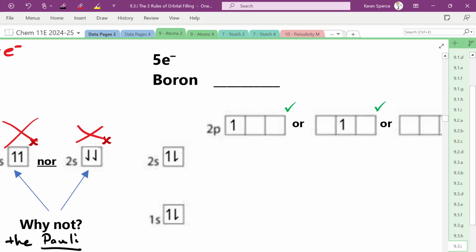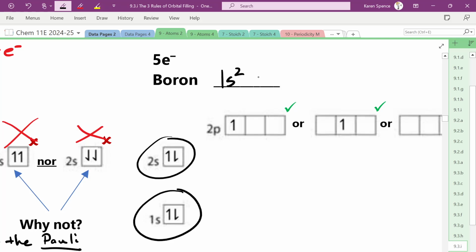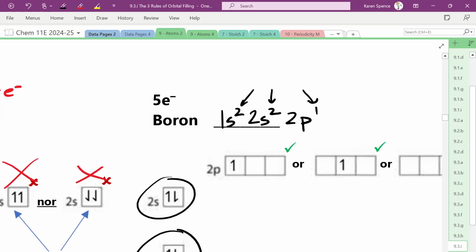Okay, boron. What is the electron configuration for boron? It's going to be 1s2, 2 electrons in the 1s, 2s2, and then 2p1. That gives us 2, 4, 5 electrons.